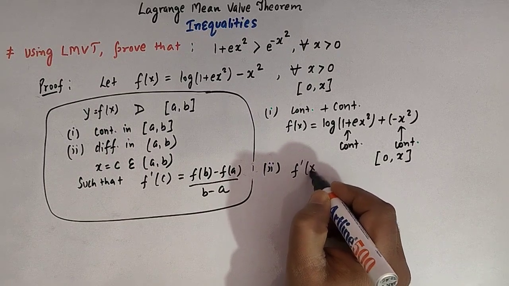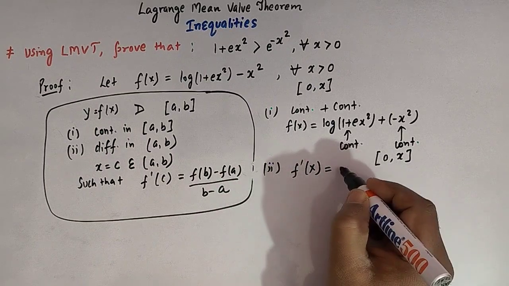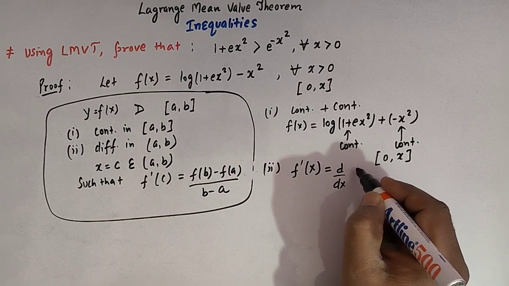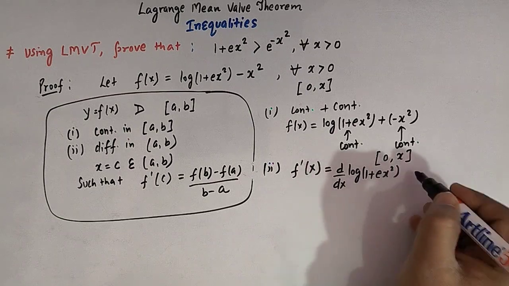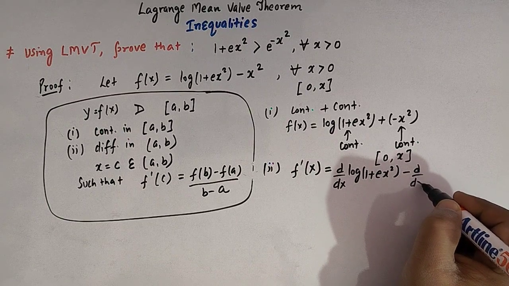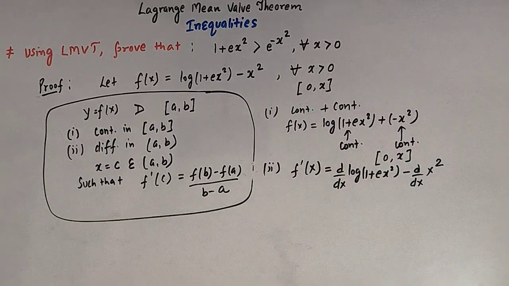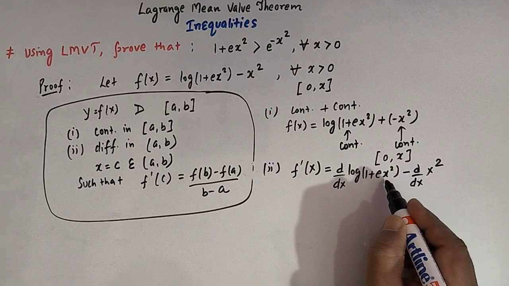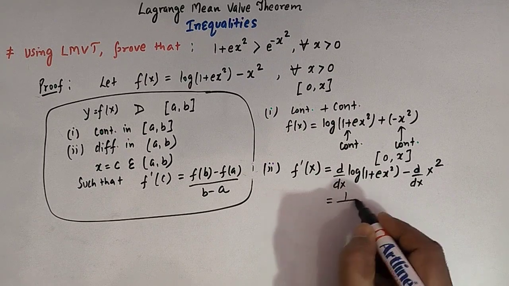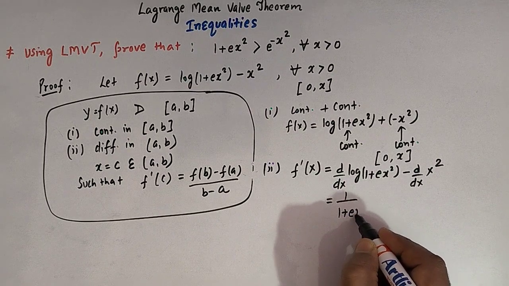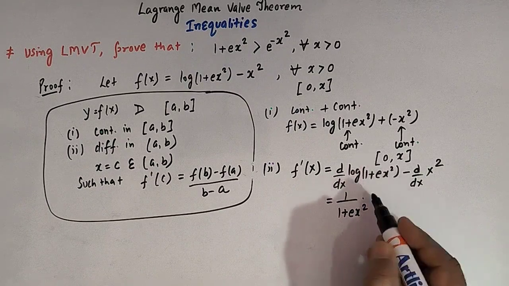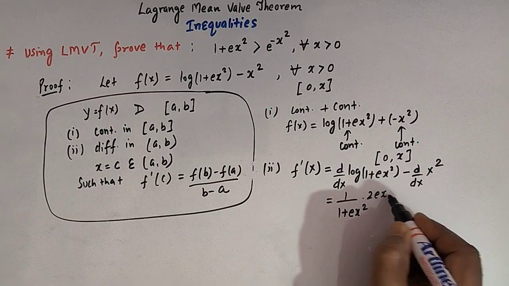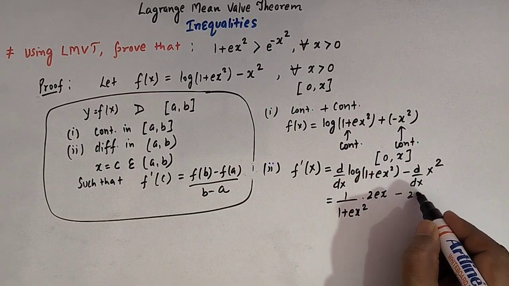Let us find the derivative f prime of x. This is d by dx of log of (1 plus e^(x^2)) minus the derivative of x^2. The derivative of log(1 plus e^(x^2)) is 1 over (1 plus e^(x^2)), and by chain rule the derivative of (1 plus e^(x^2)) is 2x e^(x^2), and here we have 2x.